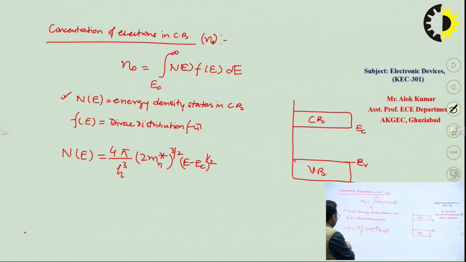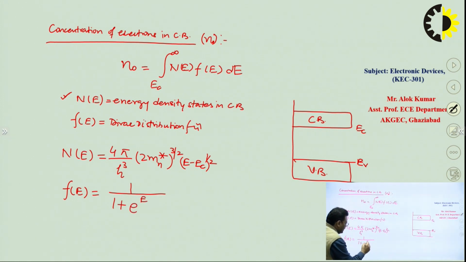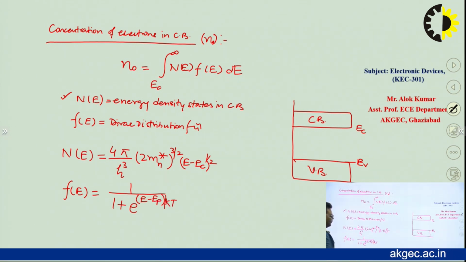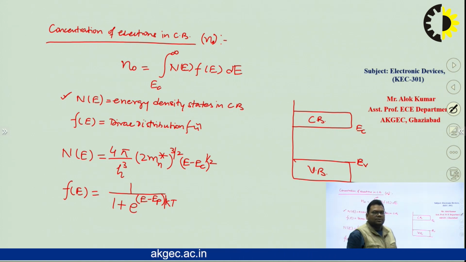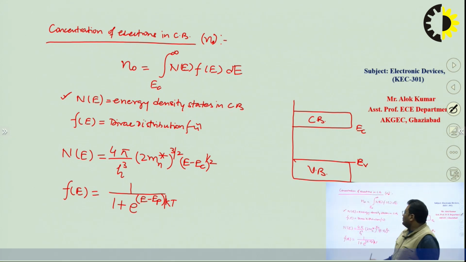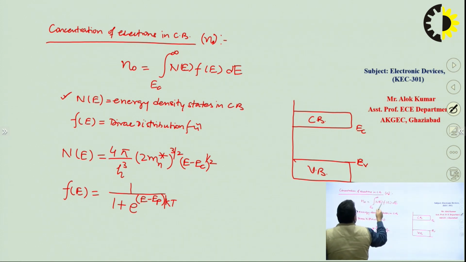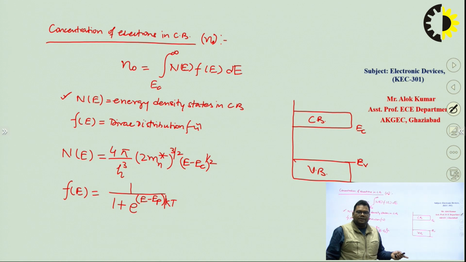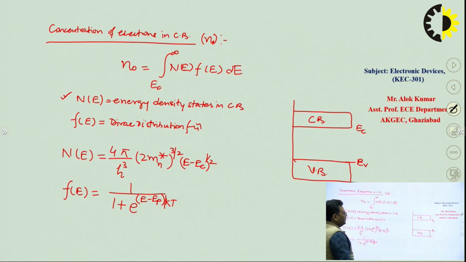And what is this F(E)? This Fermi-Dirac distribution function can be given as F(E) is equal to 1 upon 1 plus e to the power (E minus EF) upon KT. So this is the formula for the Fermi-Dirac distribution function, right? So if we multiply the available density of states with the probability, then we can find the number of electrons in the conduction band, right?